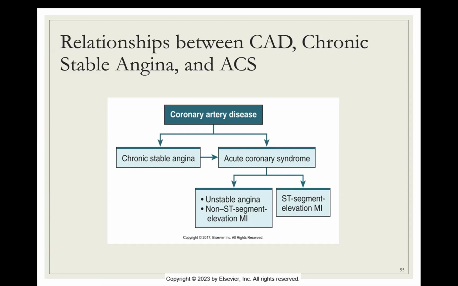We're going to look at the pathophysiology of those, but ST segment elevation MIs or STEMIs, as you can see, are off on their own little box here because STEMIs are like full thickness injuries of the cardiac muscle and are much more deadly, much more dangerous than the other types of acute coronary syndrome.